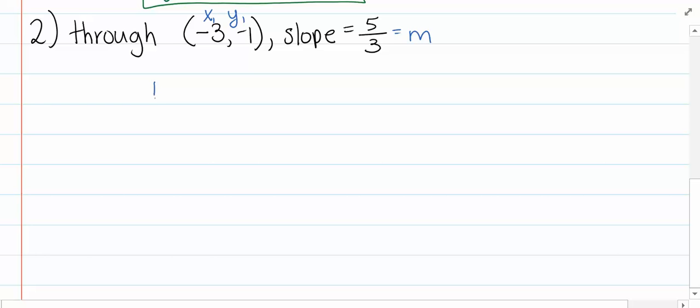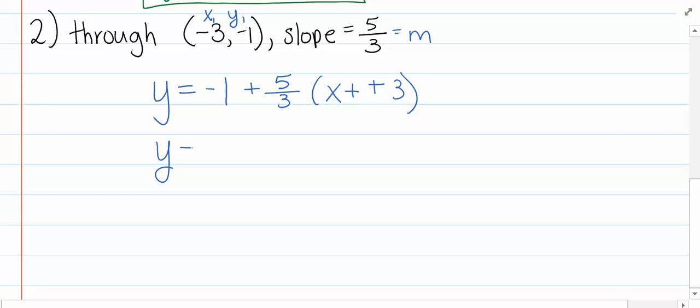So it's going to be y equals y1, so -1, plus my slope of 5/3 times x minus x1, so put that -3, minus a negative is the same thing as adding. Distribute and combine like terms.